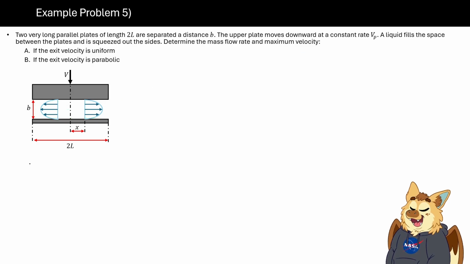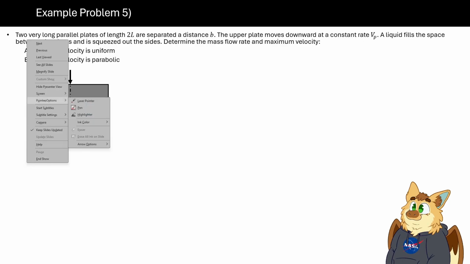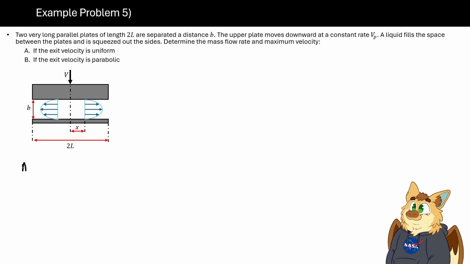Okay, so let's get to part A. I'm just going to rewrite our mass flow rate that we had found here. So mass flow rate out of surface 1 is equal to rho times L times VP.